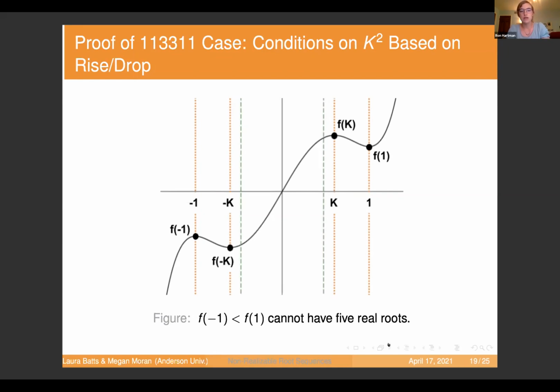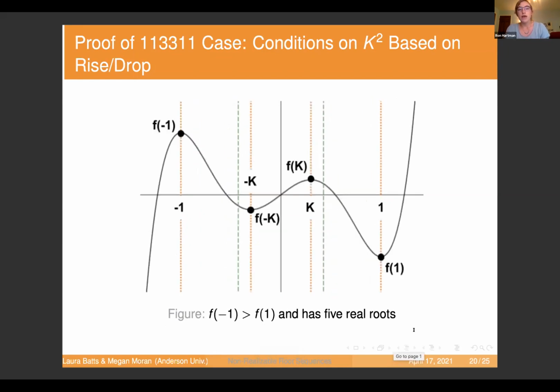So if we move to the next one, we have our rise drop condition met here, where f of -1 is greater than f of 1, and that has given us 5 real roots. However, if you notice, we don't have our 1, 1, 3, 3, 1, 1 root sequence anymore. Rather, we have 1, 3, 1, 1, 3, 1.